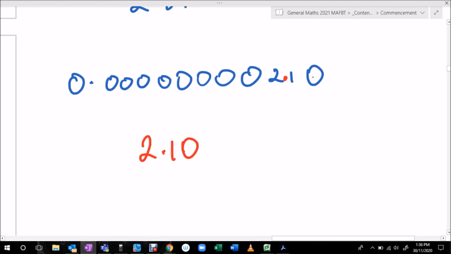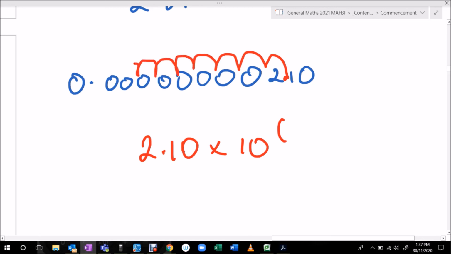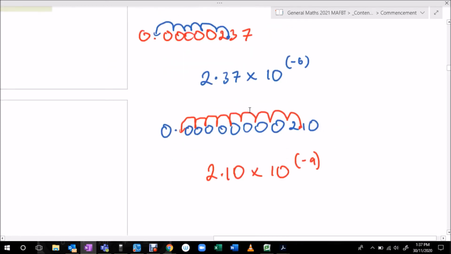Now, be mindful of how I kept that 0 in here, because that's going to be important. You don't want to skimp on that 0. You've got to keep it. So 2.10 times 10 to the power of, now count back to where the decimal point initially was. 1, 2, 3, 4, 5, 6, 7, 8, 9. So to the power of negative 9. All right, so that's that.